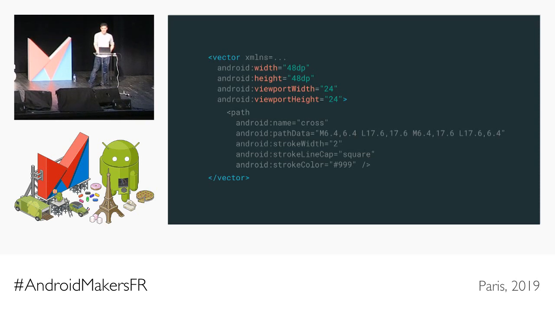And this is essentially the virtual canvas into which the vector is being drawn. As you can see, all of the coordinates in this path data string are declared in terms of this 24 by 24 canvas. And this is essentially where vector drawables' density independence comes from. Everything's being drawn in terms of 24 by 24, so it can be scaled arbitrarily without losing any information.